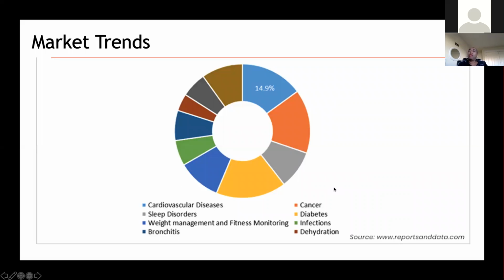So if we go back here, based on this analysis, 14.9%. But if I look at the yellow, this gold, diabetes, huge.